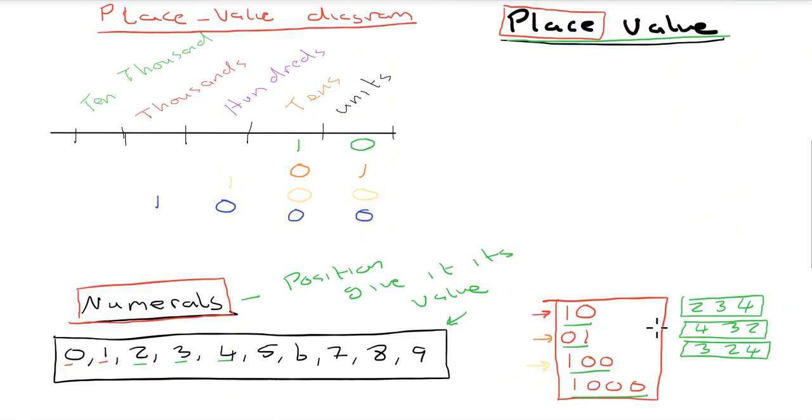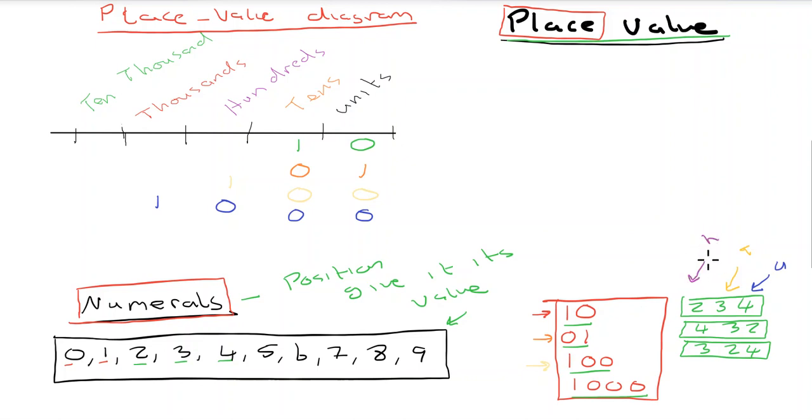And as we see, we can take all of these numbers and represent them. If we think about 234, for example, the 4 represents the units, the 3 represents the tens, okay, and then the 2 represents the hundreds.